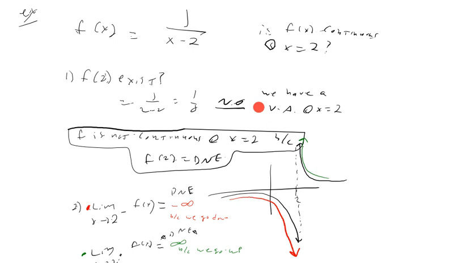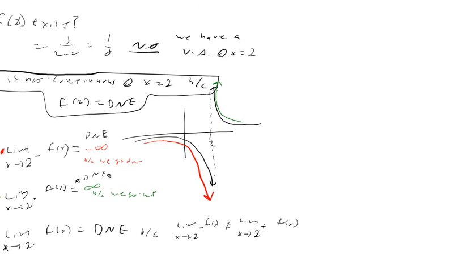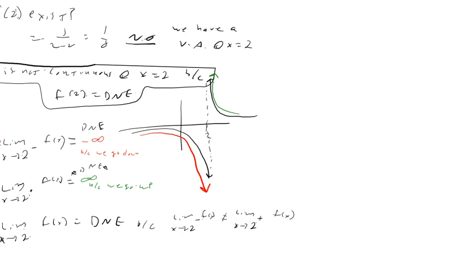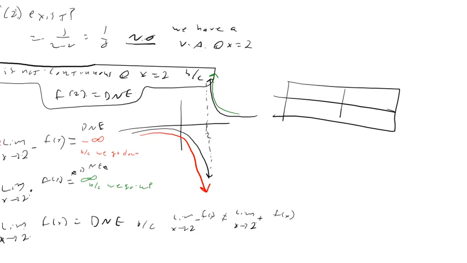just like a little aside for you. If we really wanted to, you could graph it and test, but if we wanted to make a table of values as we approach 2, if you got really, really close, if you said 1.999, you'd have a number like negative 700. And if you did 2.001, you'd have a number like positive 900.